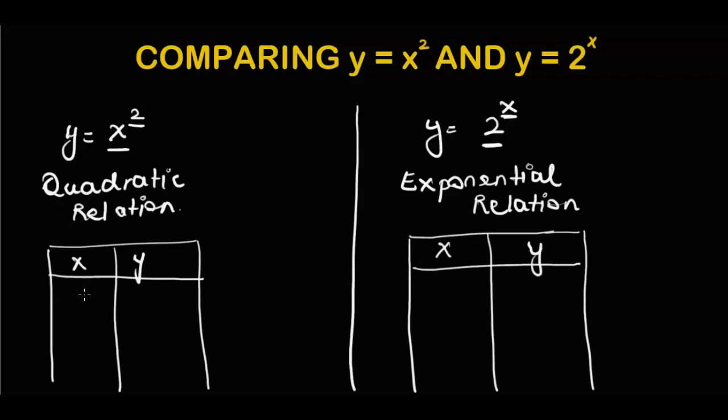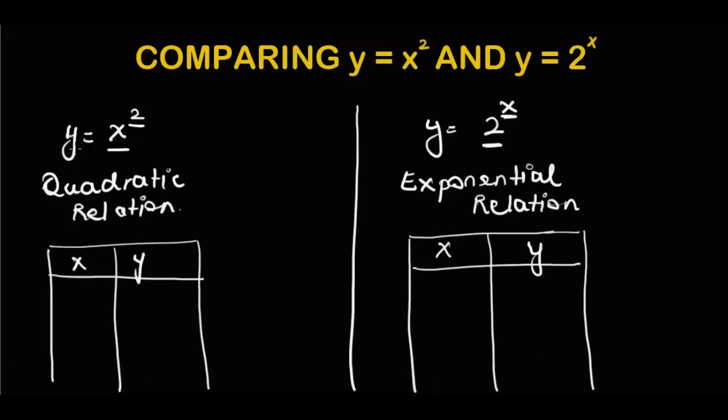No matter if you're taking a quadratic relation or an exponential relation, x is the independent variable and y is the dependent variable. So the independent variable values depend upon us. We can take whatever numbers for the independent variable as we want to put in the table of values, whereas the value of y will depend upon the relation it has with x.